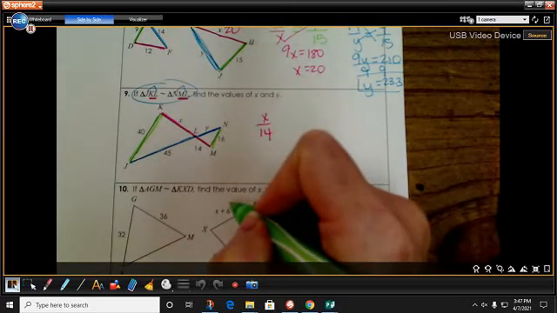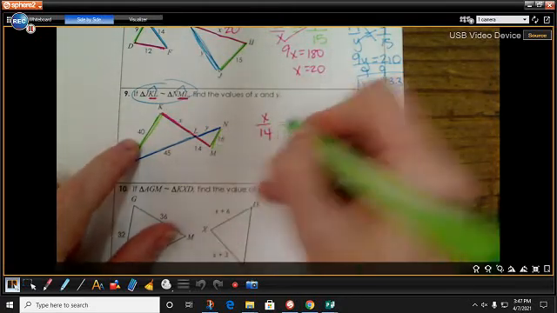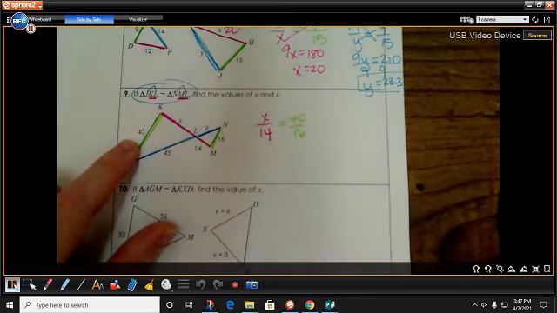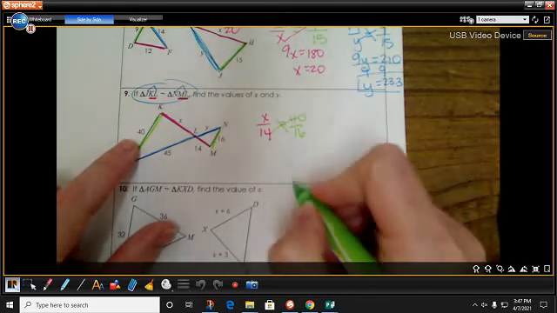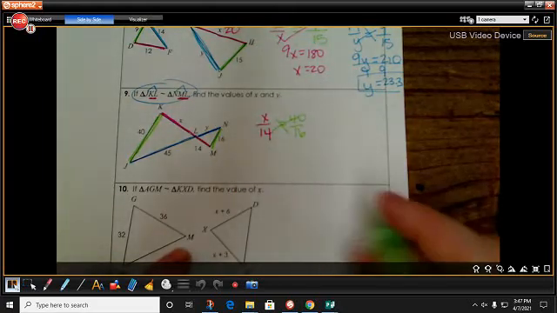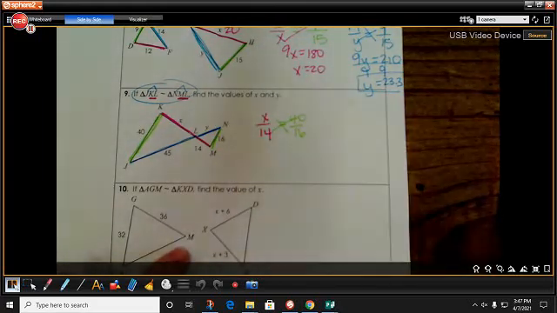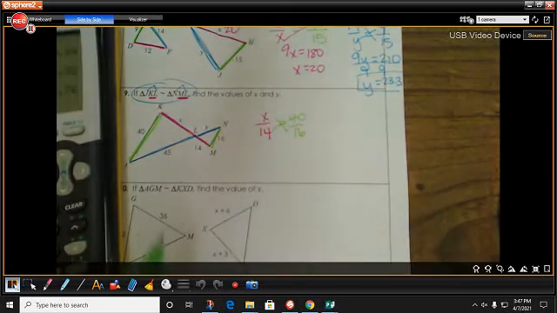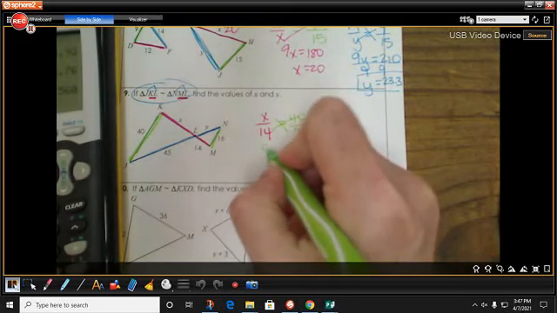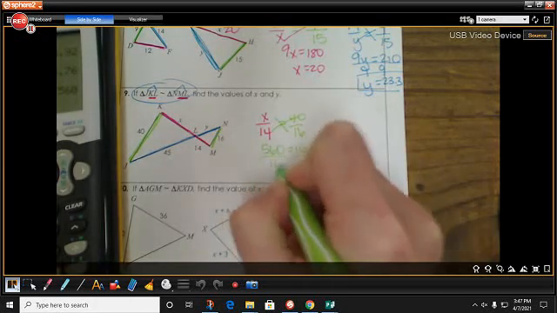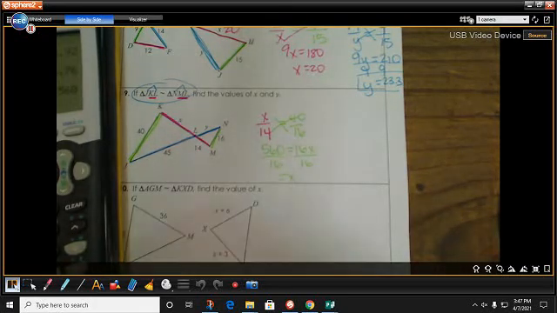So I will use these numbers in my proportion here, so I know that 40 goes to 16. And now I can cross product that, and 40 times 14, and I'm going to have to multiply this out. So let's see. 40 times the 14 comes out to be 560 equals 16x. And when I divide it out, x comes out to be 35.